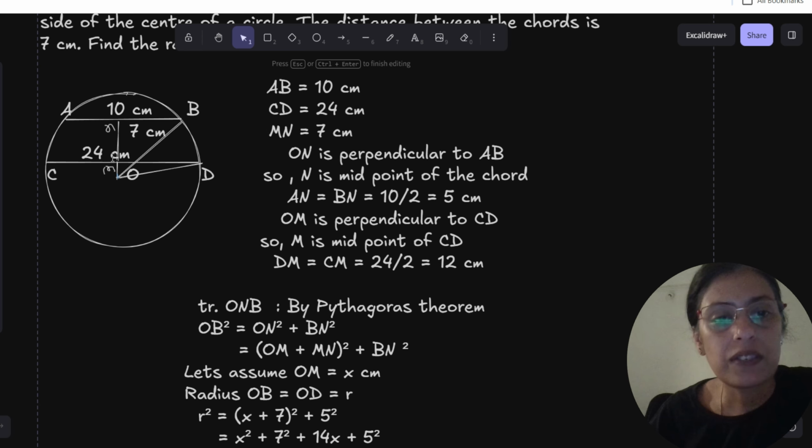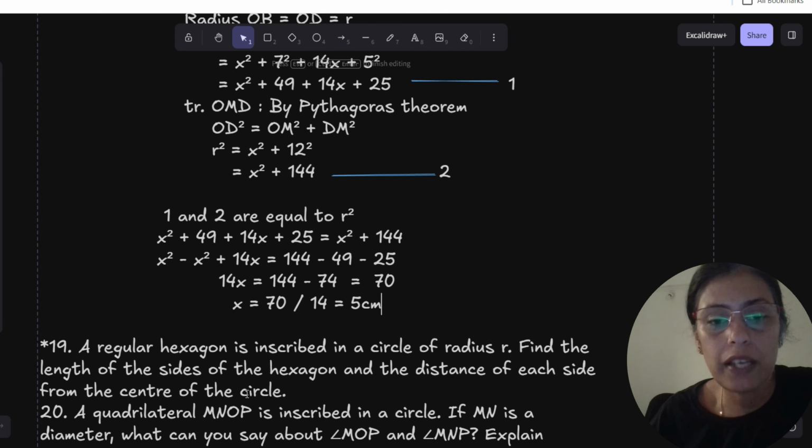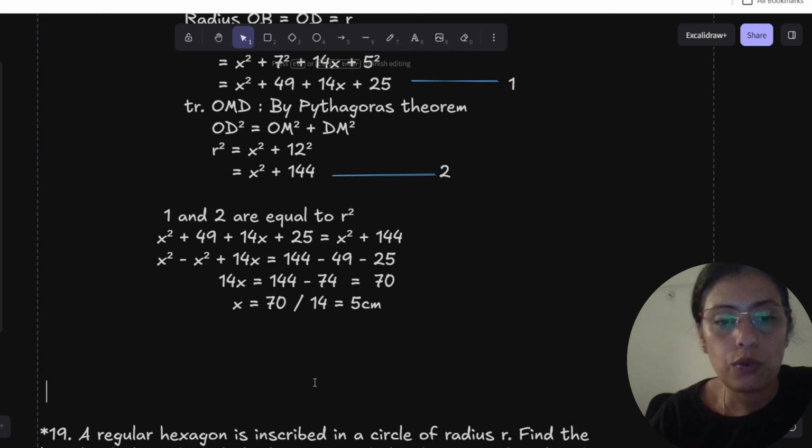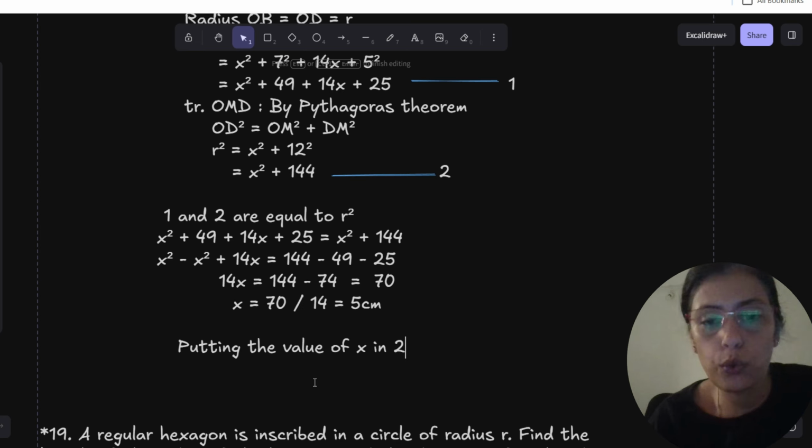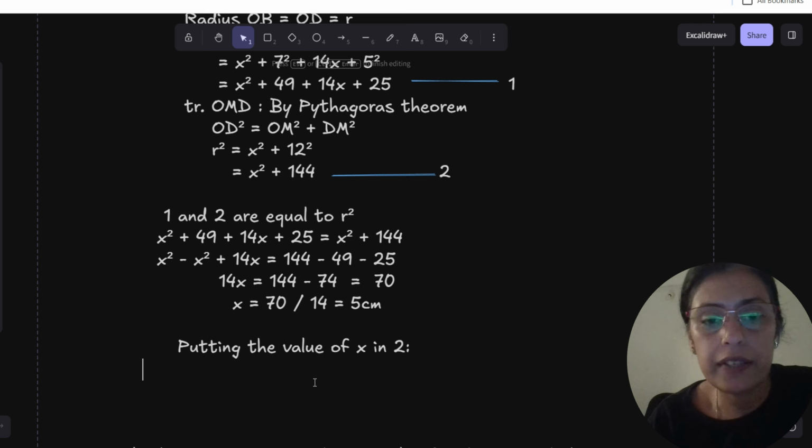What is x? OM, right? We know OM, we know DM, we can calculate OD, right? So what we do is putting the value of x into equation 2.